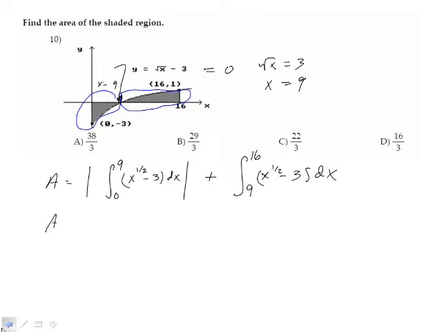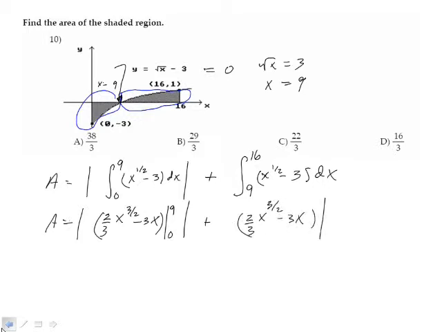And so we get the area equals the absolute value of 2/3 x to the 3/2 minus 3x, evaluated between 0 and 9, plus 2/3 x to the 3/2 minus 3x, with limits 9 and 16.